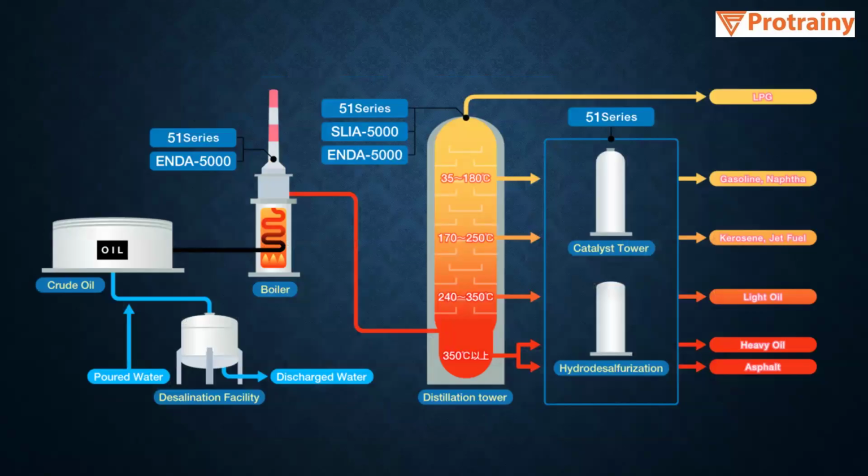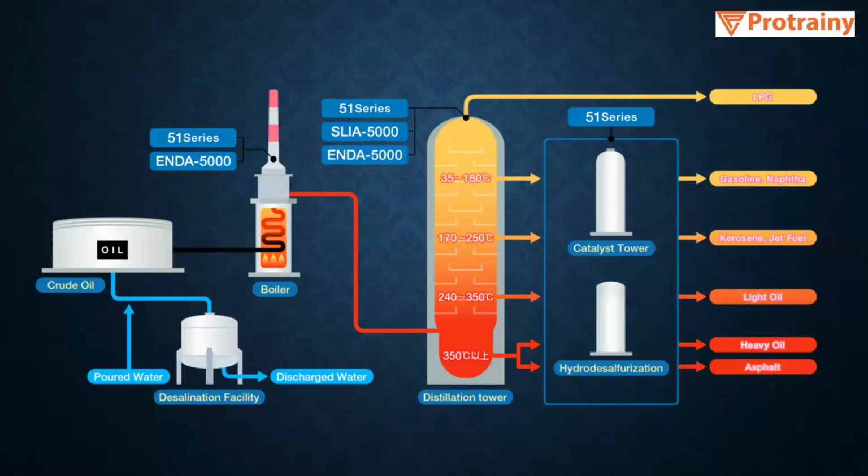So this is basically a flow chart. You can see that in the storage tank farm, the crude oil is being stored. It contains many impurities because it is extracted from under the earth crust, and if it is extracted from under the sea, it contains water also.